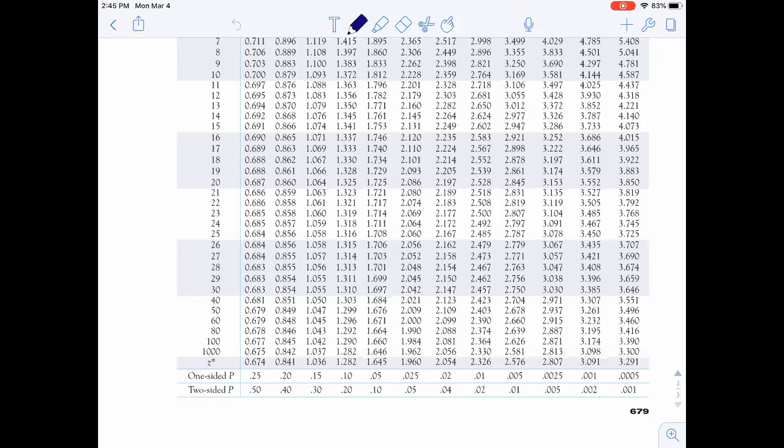What's nice about the t-table is that it just gives you the p-values. One thing that's going to take some getting used to is that before with the z-table, we just had a single value for our p-value. Now, all we're able to say is that it's somewhere between 0.025 and 0.05. We can still use this range to compare it to the alpha level.